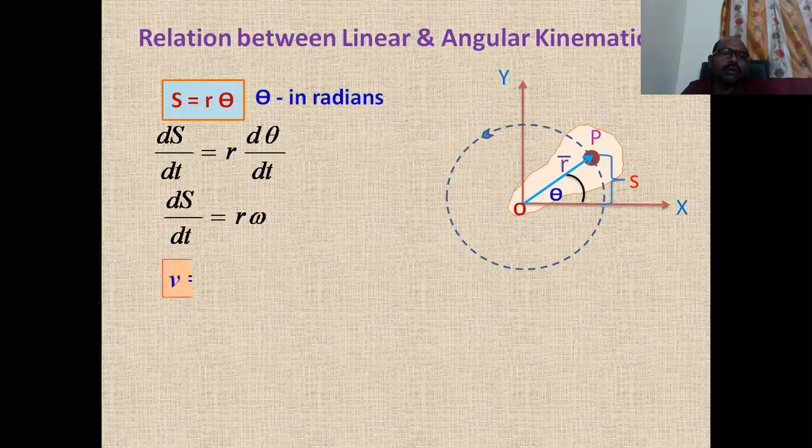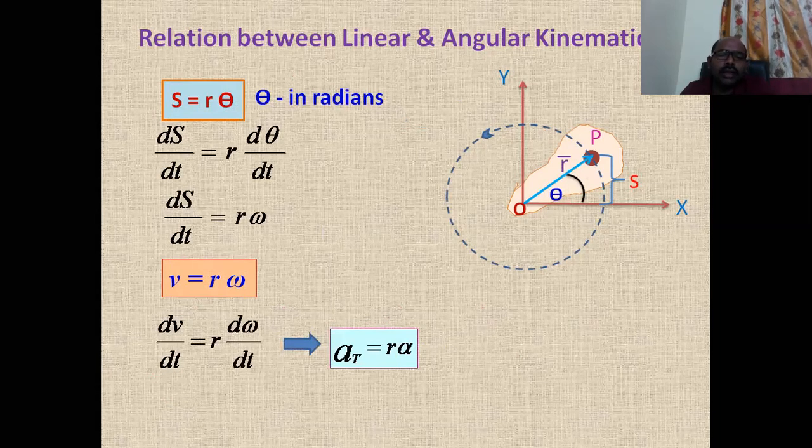Linear velocity v is related with angular velocity omega by the equation v is equal to r omega. By differentiating that we get the tangential acceleration, equal to r into alpha, the angular acceleration.